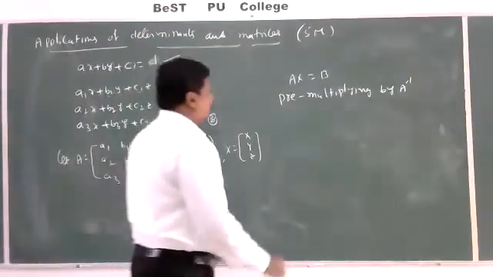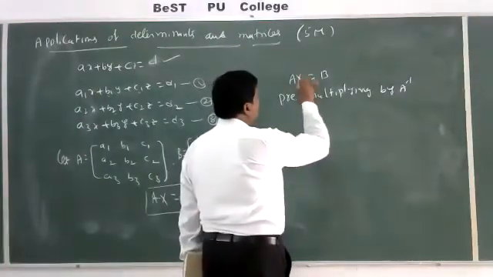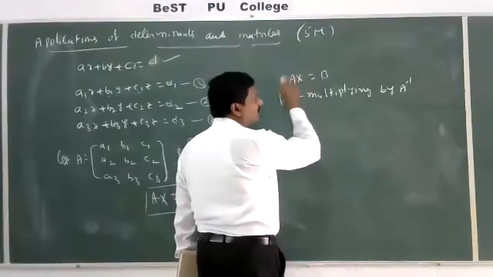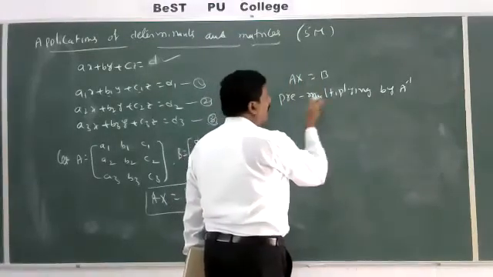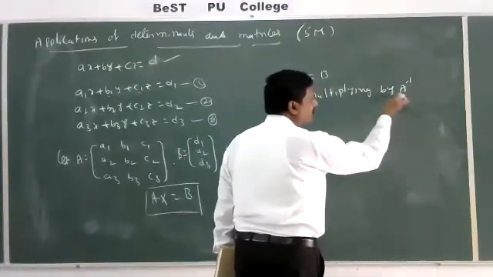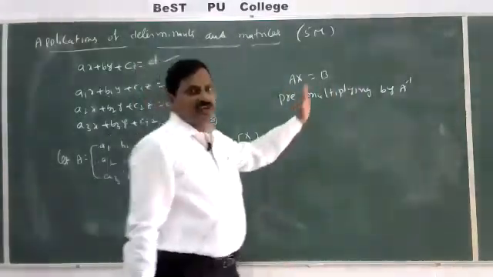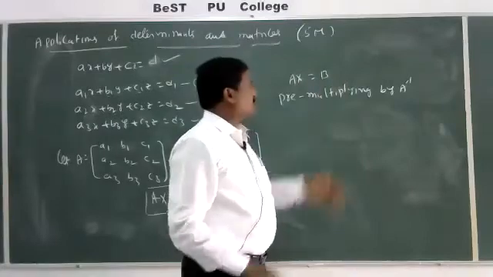Pre-multiplication means left hand side. If you take pre-multiplication on the left side, on the right side also you have to take the pre-multiplication only.